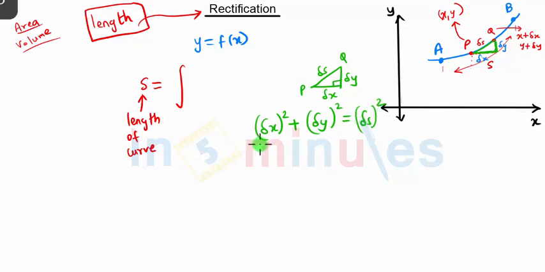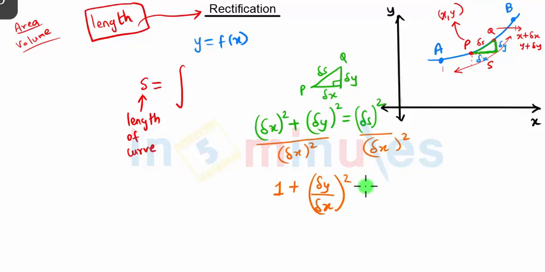I am dividing the entire equation on both sides by del x square. So I will get del x square upon del x square, which will be 1, plus del y upon del x the whole square equal to del s upon del x the whole square. So this is our basic formula.